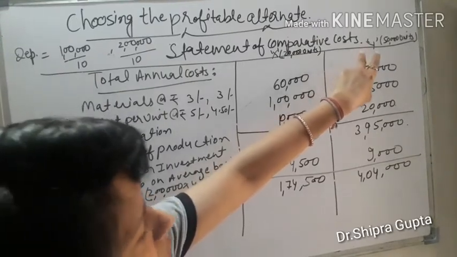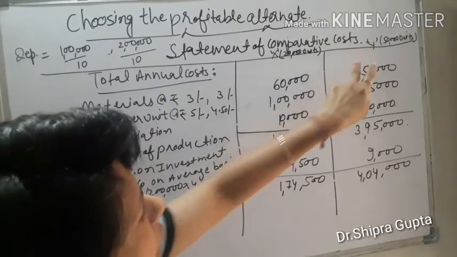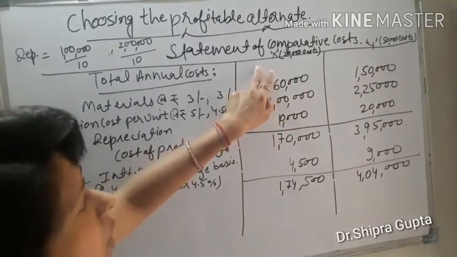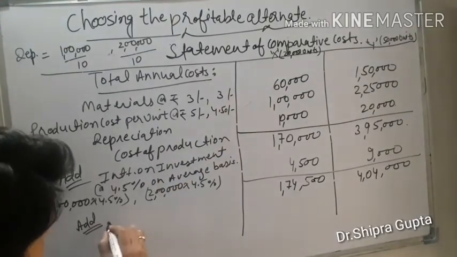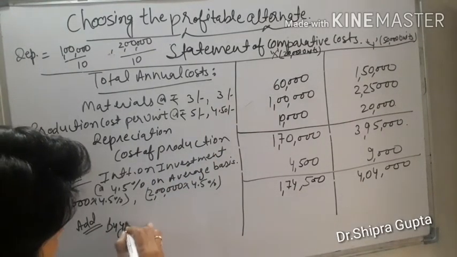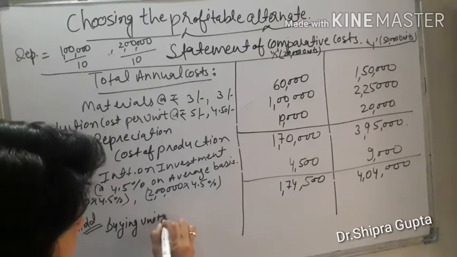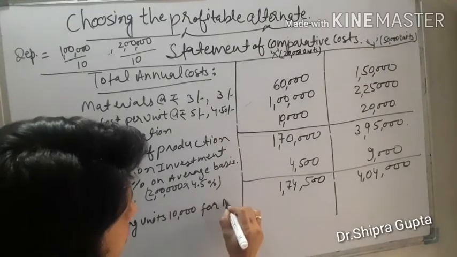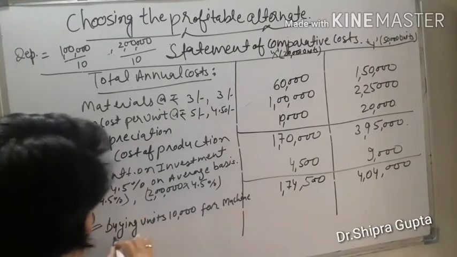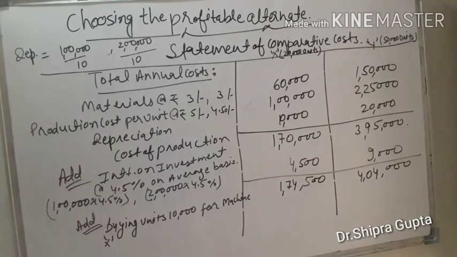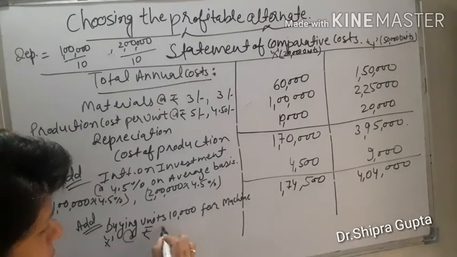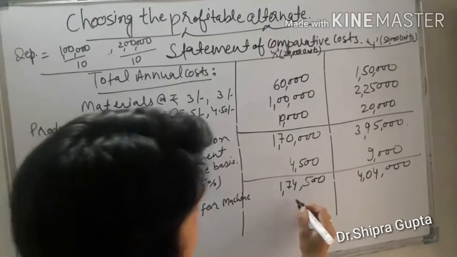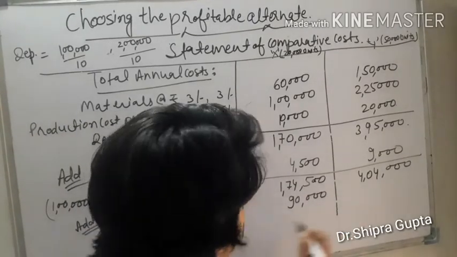So we will sell 20,000 units for machine Y, and we purchase 10,000 units for X. Buying units: 10,000 for machine X at the given buying price of rupees 9 per unit, so its cost will be 90,000 rupees.